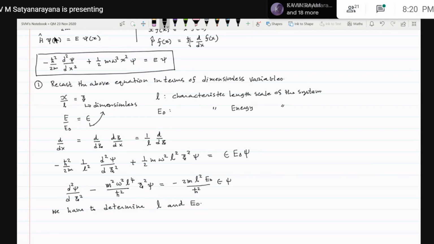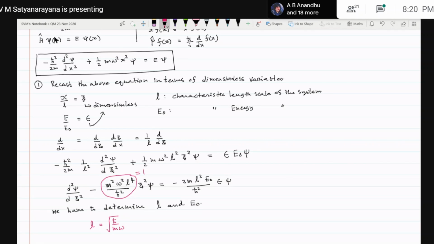Let's determine L such that this coefficient is made 1. That means L is equal to square root of h bar by m omega.